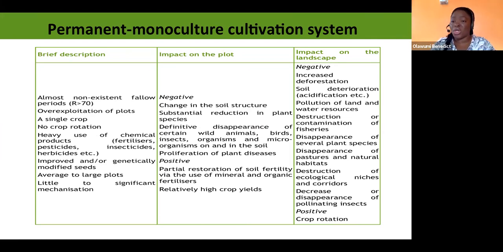Because it's monoculture, you cannot do diversification, and that also means that there's no biodiversity on your land, and no crop rotation.